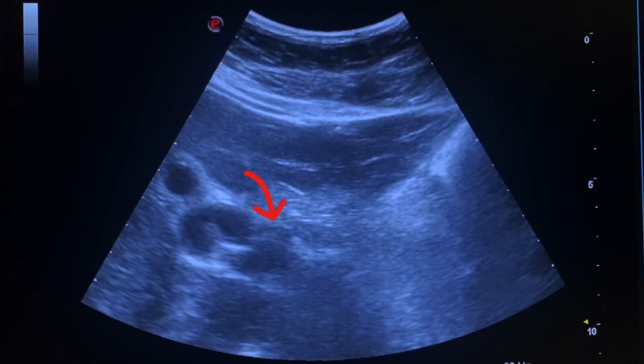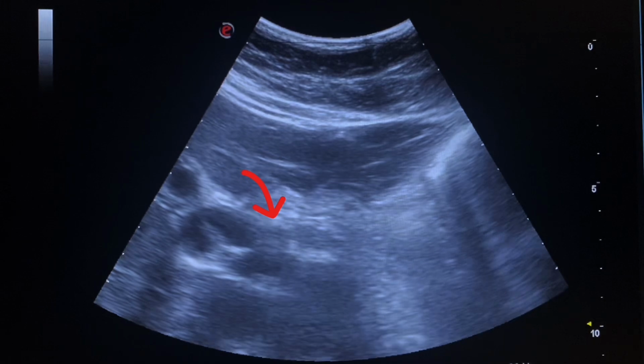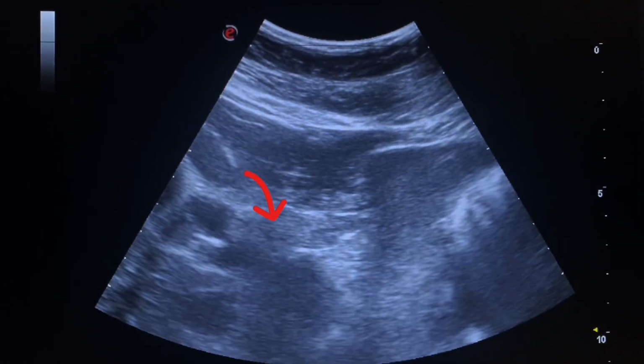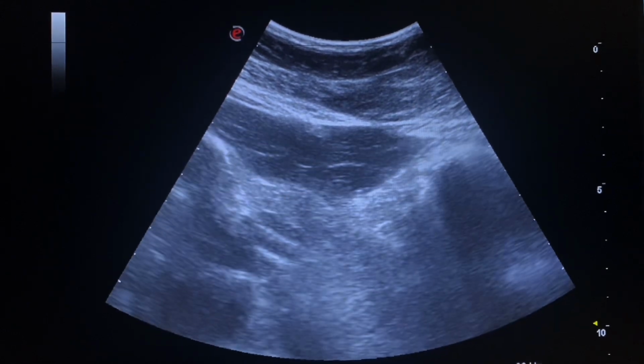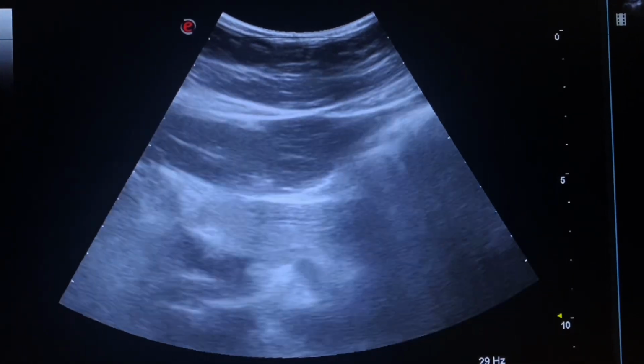Now we will continue to scan the common bile duct to rule out the cause of obstruction, whether it is due to a mass or due to some calculus.